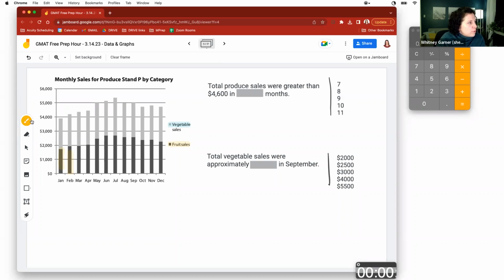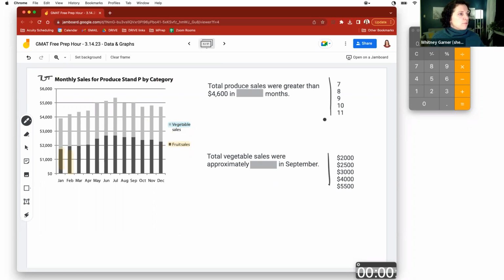So total produce sales, this is monthly sales for produce by category, by vegetable versus fruit. We will also assume in this case that that is total. Although the test may be more specific than I just was, and they may actually call this total. But generally speaking, we'll take this as total.